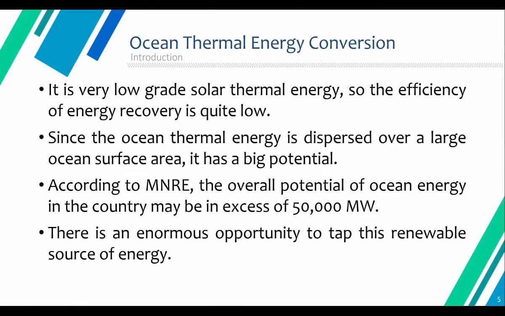Since the ocean thermal energy is dispersed over a large ocean surface area, it has a big potential. Compared to the other sources available, the ocean has a big potential, but the problem is its efficiency. According to MNRE, the overall potential of ocean energy in the country may be in excess of 50,000 megawatt.